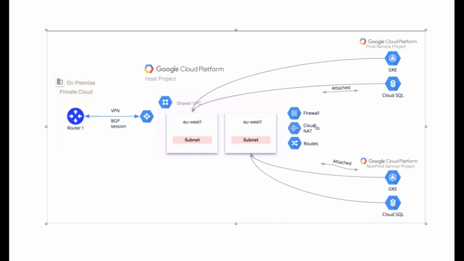Then I mentioned CloudNat, how you can connect services in a private subnet to the outside world to update software. And then I showed you how you can do your routes.